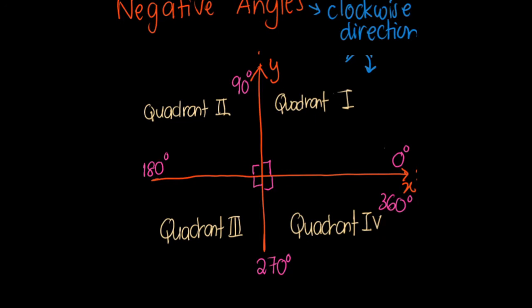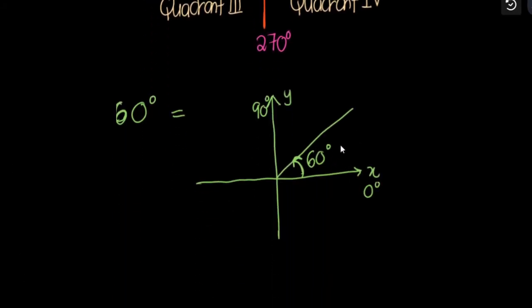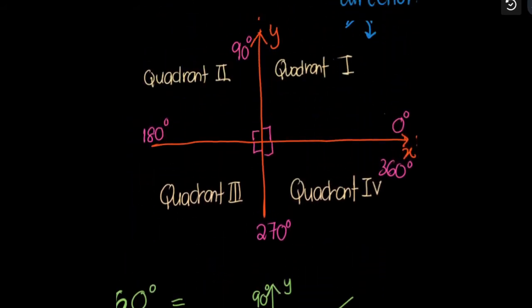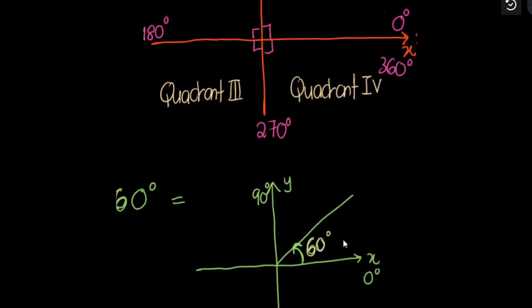Now, since we just drew the 60 over here, 60 degrees is in which quadrant? Obviously, it's in quadrant 1. This is how you need to analyze: you need to know which position your graph is at.